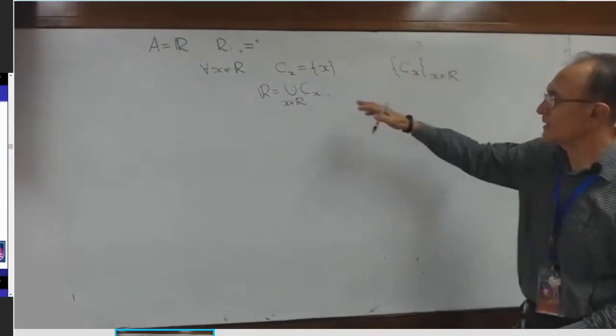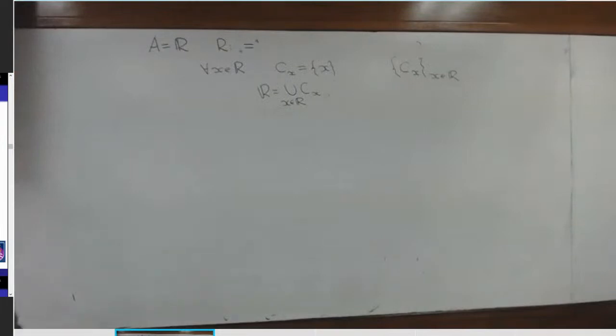This family of subsets forms a partition of R, in that example, equality. Okay? Any questions?